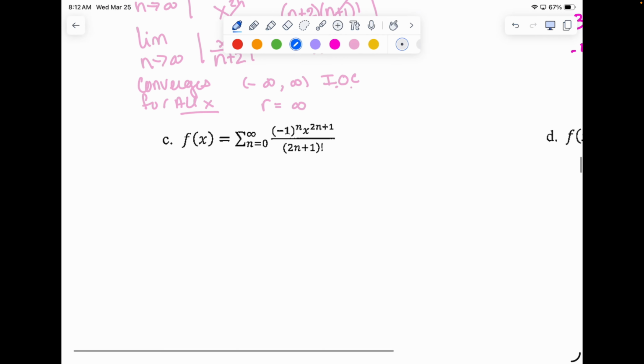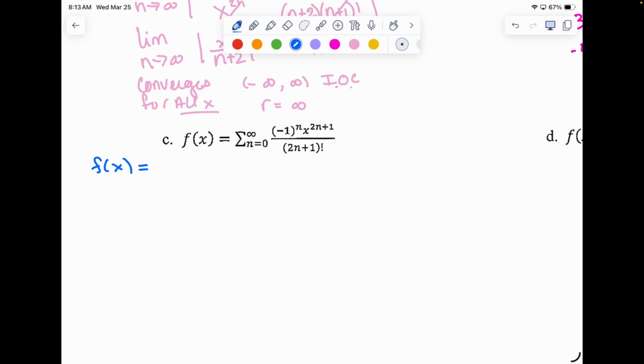Okay, so step one, we're supposed to list out our power series, expand this. So f of x equals, this one is alternating because of the -1 to a power, and it starts off positive.